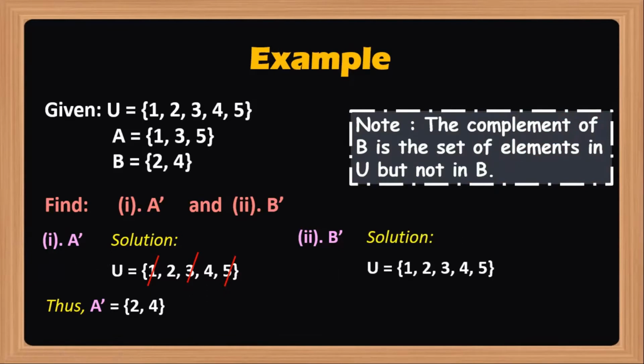Ang set of elements natin that contains B ay 2 and 4. I-remove lang natin si 2 and 4. At ang matitira ay, for the B complement is we have 1, 3, and 5.